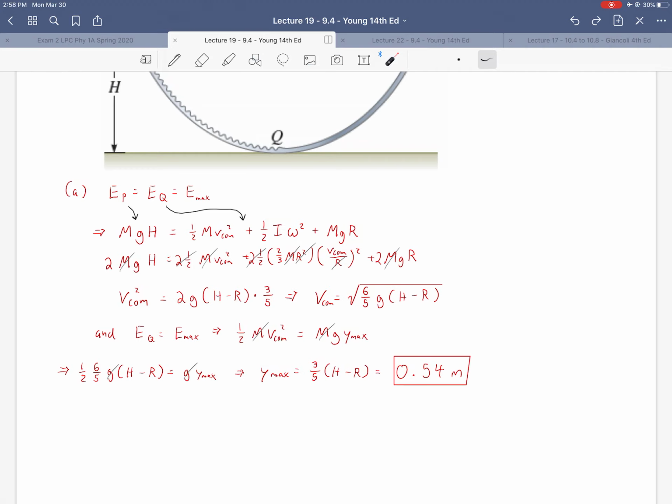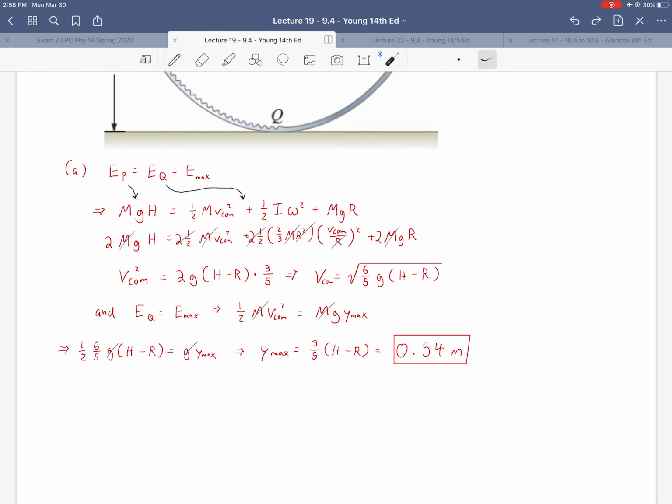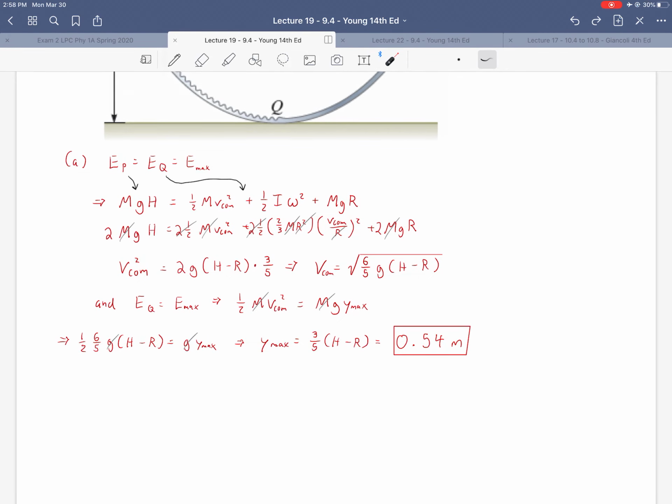So that will show up there. I'll need to fix that, and then fix these numbers because it should be slightly different. It should be 3/5 times h, not 3/5 times (h minus r). But let me first show you the other approach, and then we can fix that small mistake.